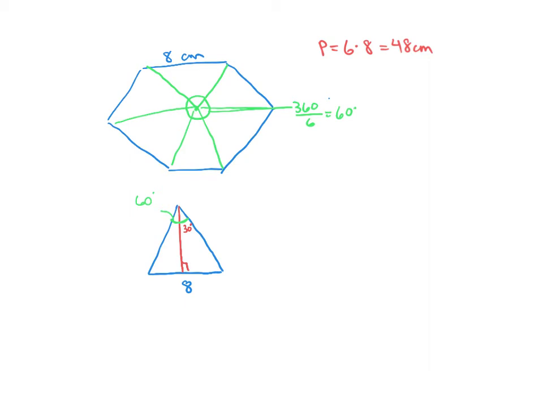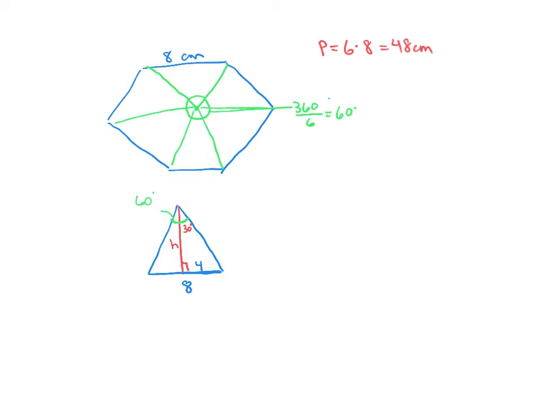We want to find the height of our triangle. And we know that this short side right here is 4. So you can either use a 30-60-90 triangle, or you can use a trig function to do this.